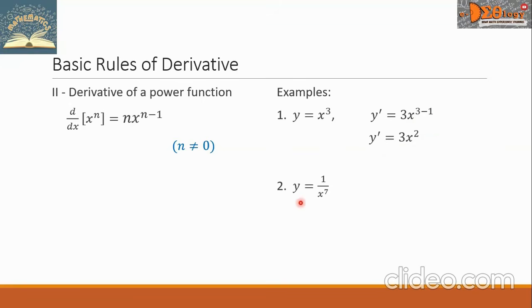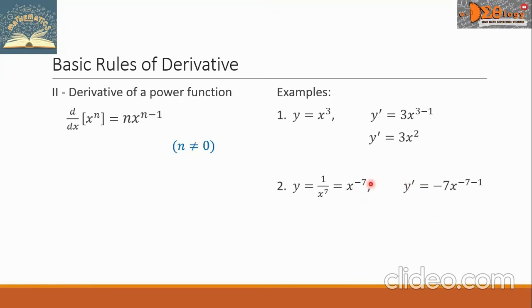Example 2, y equals 1 over x raised to 7. Let us show that this fraction has a term with negative exponent. So we have now x raised to negative 7. Let us now apply the rule of derivative. So our y prime here equals negative 7.